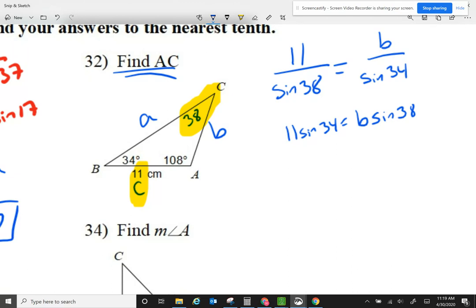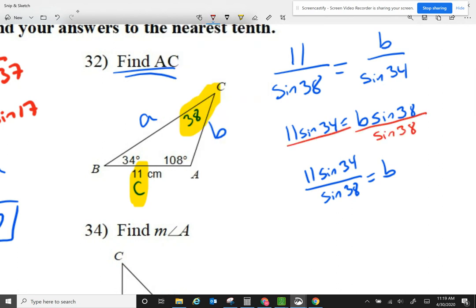Divide both sides by sine of 38. So I have 11 times sine of 34 divided by sine of 38 is equal to b. Remember, all I did was divide both sides by sine of 38. That way those cancel out.